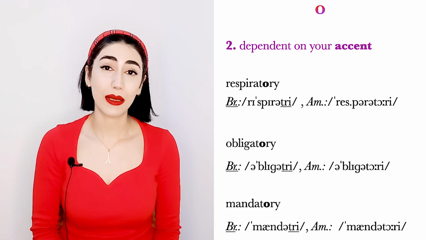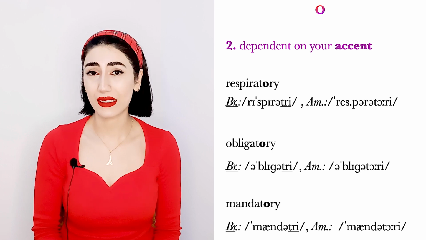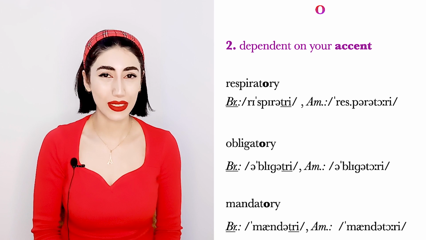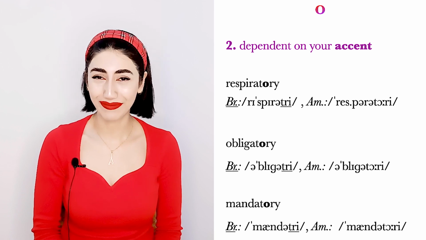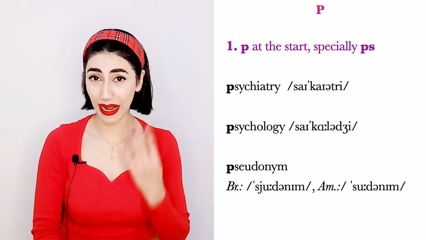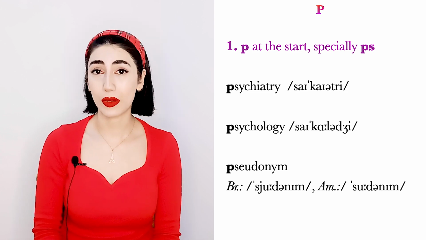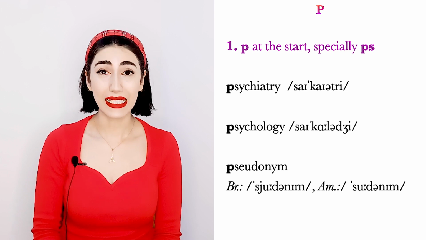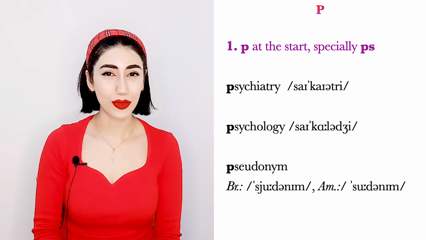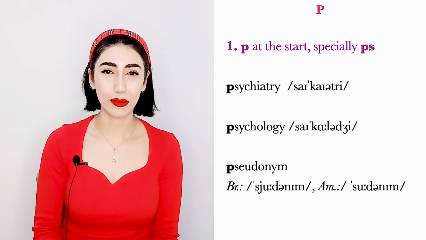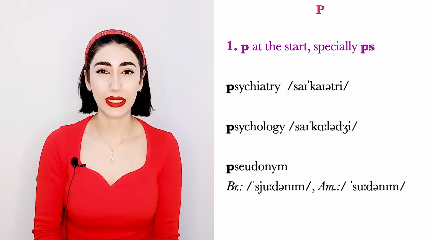Other examples, obligatory versus obligatory, and mandatory versus mandatory. And then P, 4 patterns to be silent. Number 1, when the word starts with P, especially with PS, like in psychiatry, psychology, pseudonym, or the more British pronunciation, pseudonym.